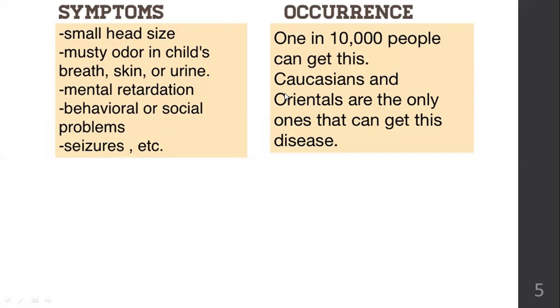It's very rare even in Black Africans, Southeast Asians, and Indians. Caucasians, that is whites of European origin, and Orientals, of Asian origin, are the races that can get phenylketonuria.